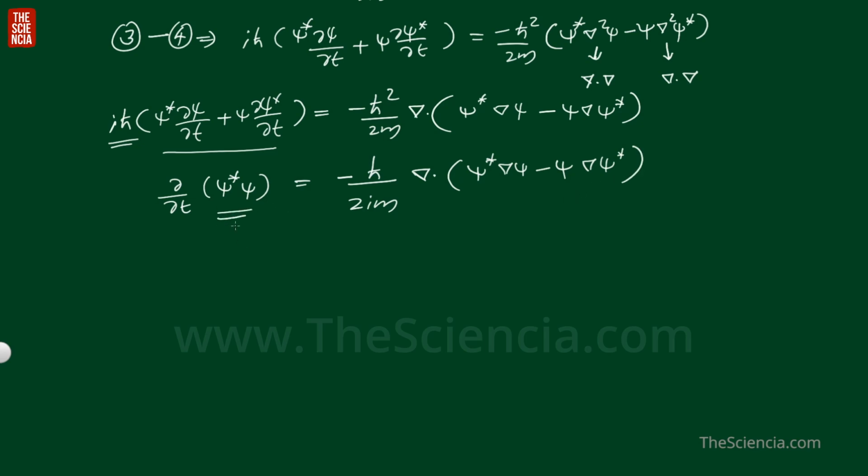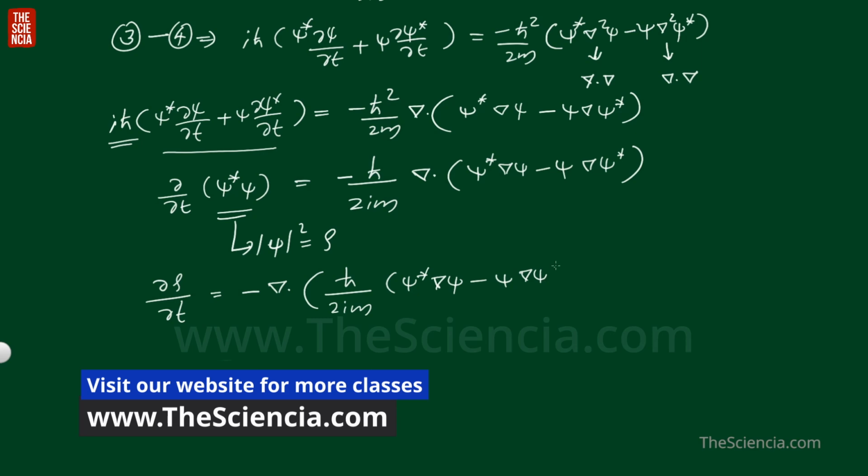Psi star psi is nothing but mod psi square, that is equal to distribution function rho, that is ∂rho/∂t is equal to minus del dot ħ by 2im into psi star del psi minus psi del psi star.